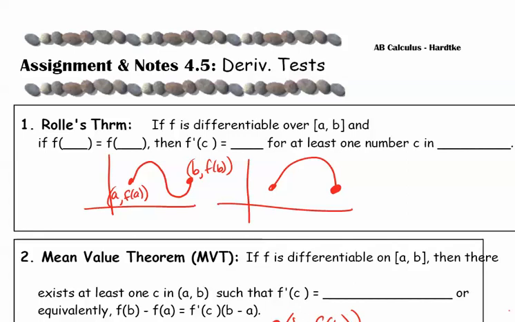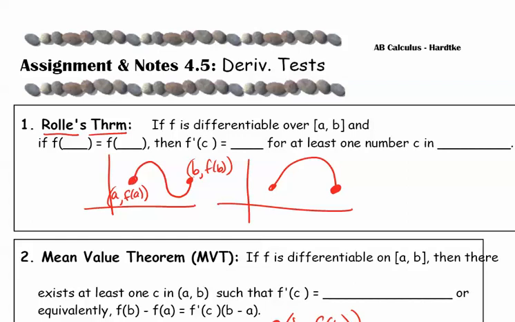In 4.5, we'll quickly review the theorems we've already talked about in class. We began with Rolle's theorem, talking about instantaneous rate of change, which is the tangent.